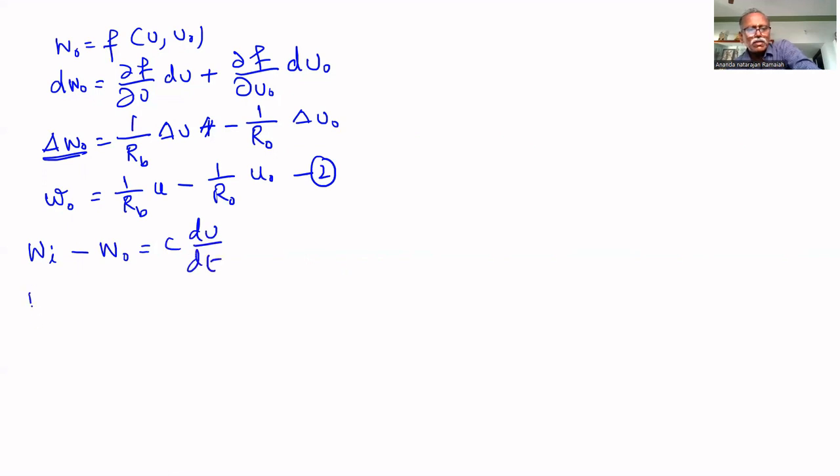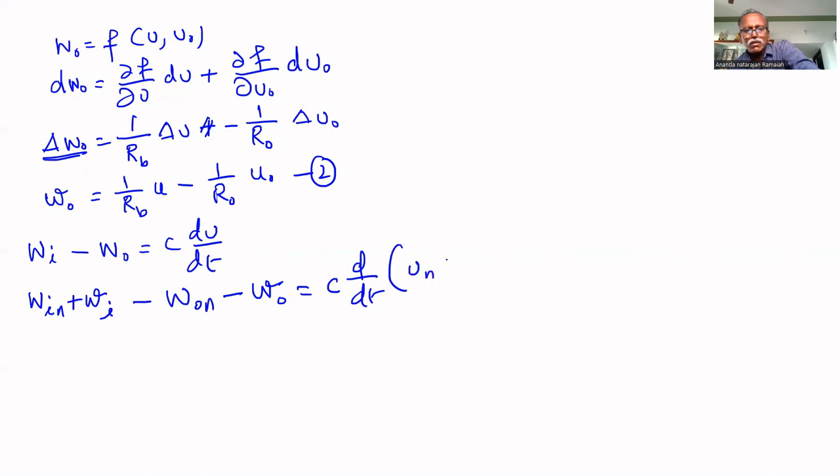But wi can be written as wi nominal plus the change in wi, minus w naught nominal minus small w naught, equal to C d/dt of u nominal plus the change in u.